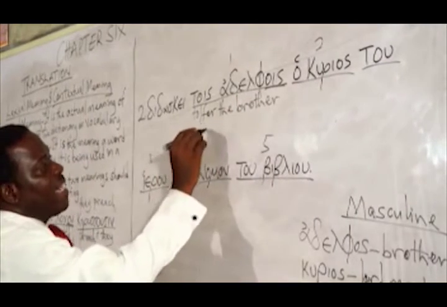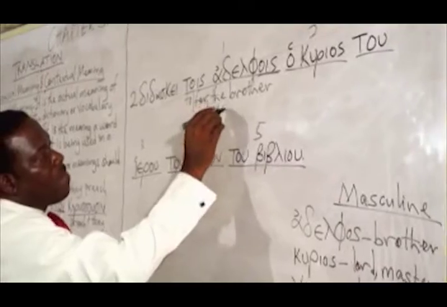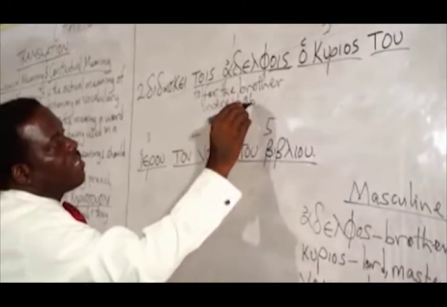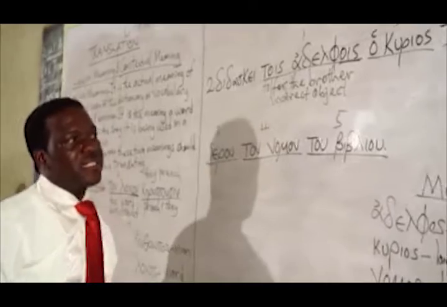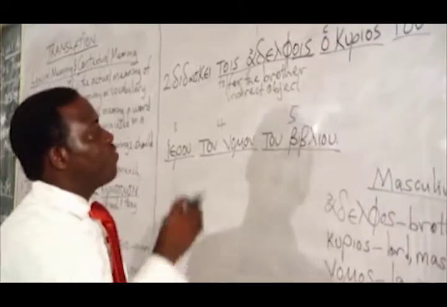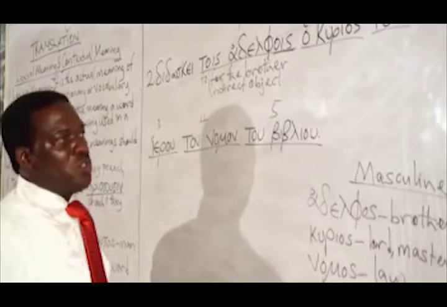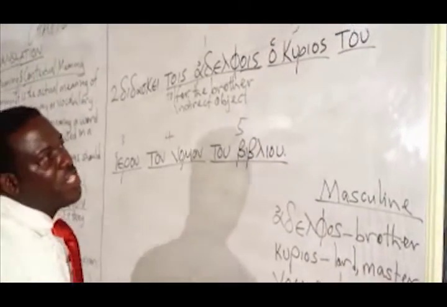And it is an indirect object, because the dative case is equivalent to our indirect object. So you have to memorize that so that you can use it easily while you are doing your translation.